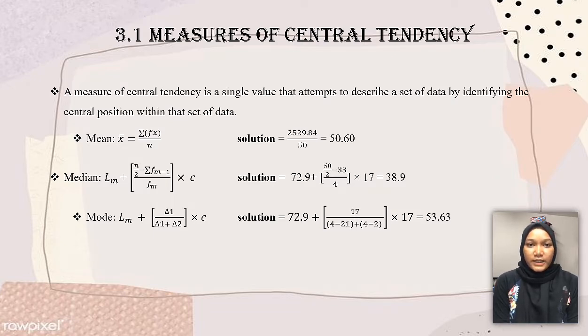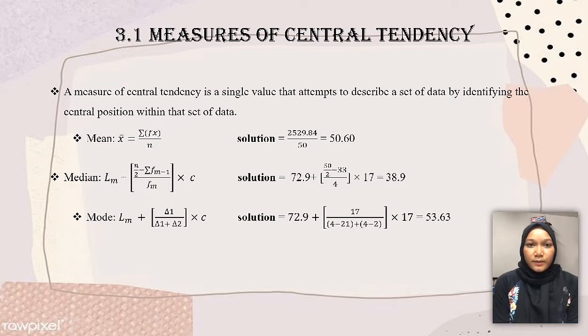The formula of median is the lower class boundary of the median class plus the number of entries in the sample divided by 2 minus the cumulative frequency before the median class, then divided by the frequency of the median class, multiplied by class size. Solution is 72.9 plus 50 divided by 2 minus 33, then divided by 4 and multiplied by 17 equals 38.9.